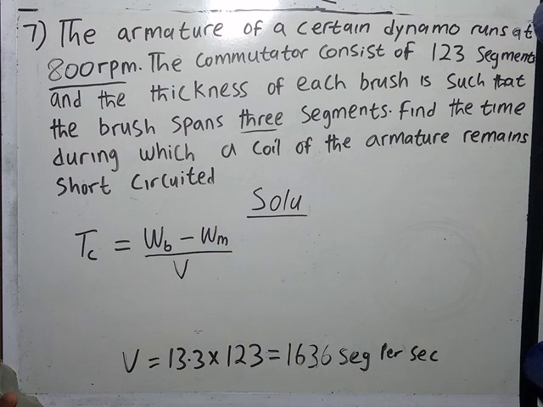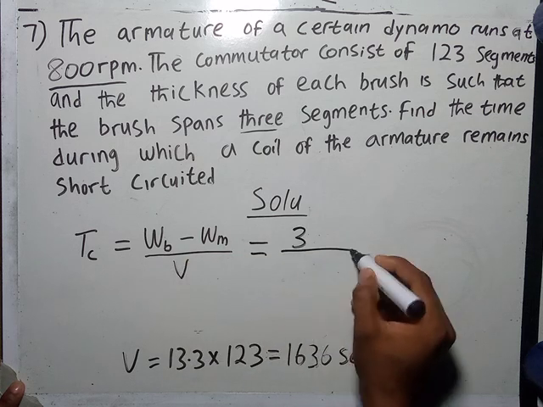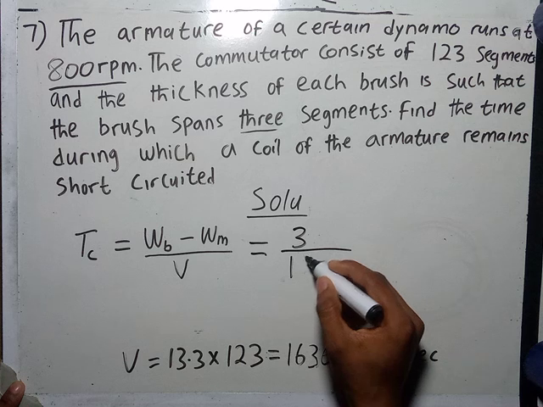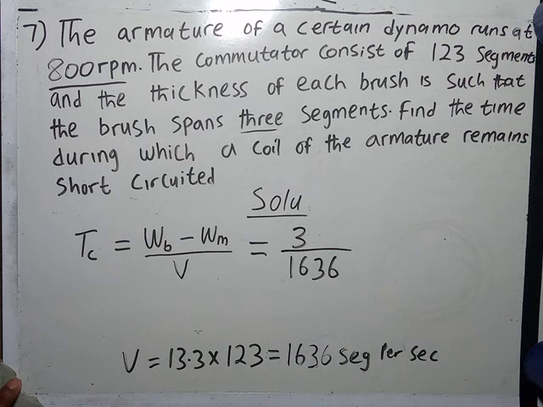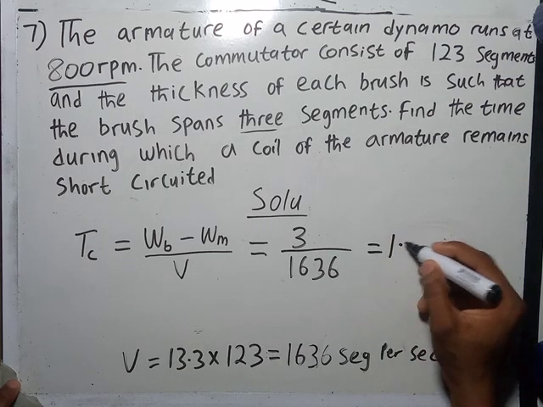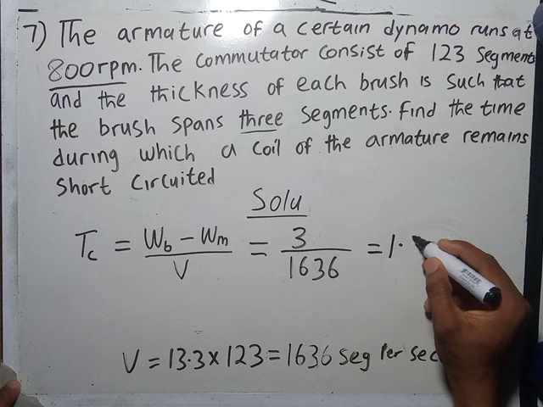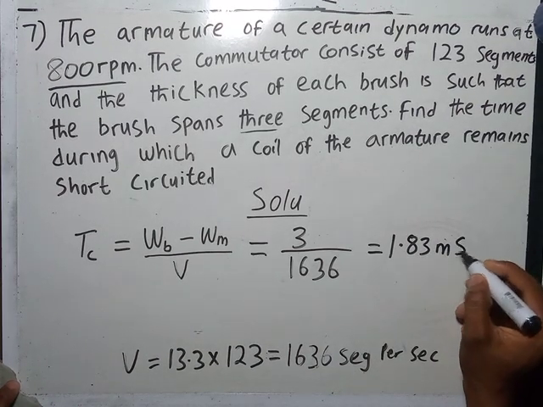Remember, our WM wasn't given to us, so this will be 3 over 1636, and you have this to be equal to, let's say, 1.83 milliseconds.